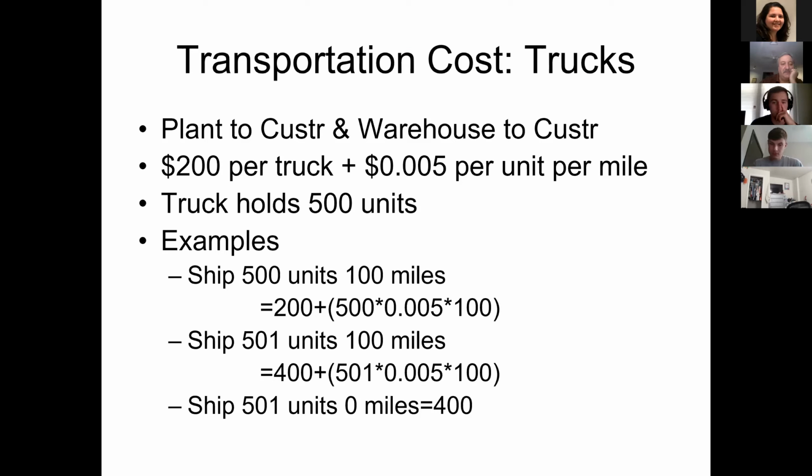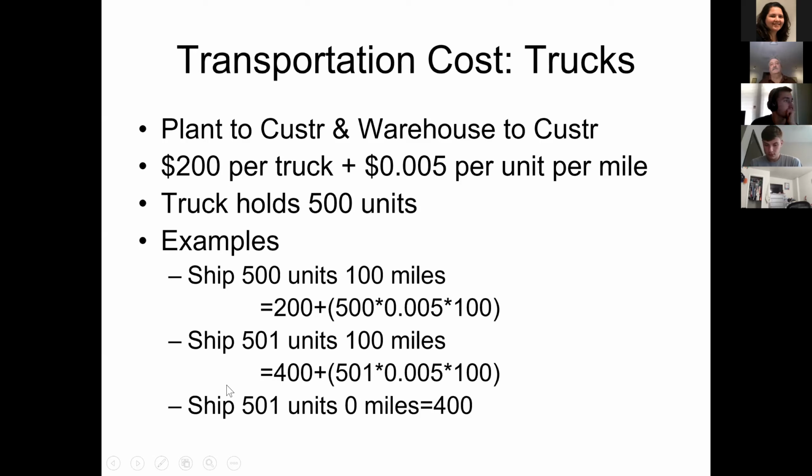A quick example: you want to ship 500 units 100 miles, it's $200 fixed cost plus 500 units times 0.005 times 100. You want to ship 501 units 100 miles, well, that costs you 2 trucks, right? Because a truck can only hold 500, so you have the cost of 2 trucks plus that term, right?